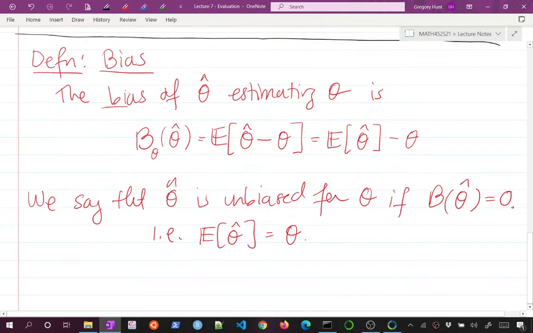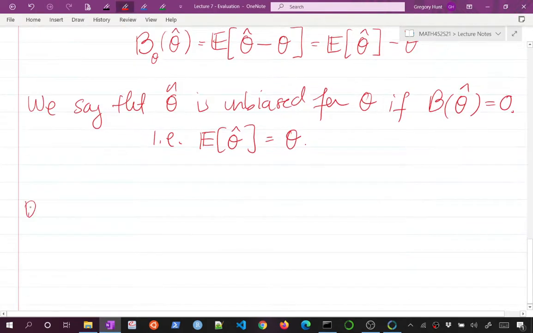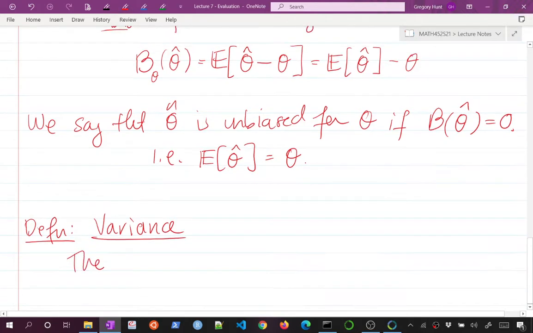So that's bias. And a related concept, and we'll see how it's related, is variance. As the name implies, this is not anything we haven't seen before. But we're just reminding you that estimators, like theta hat, are random. I'm writing theta hat, but really it's theta hat of some random sample. It's a function of my random sample. So theta hat is a random variable.